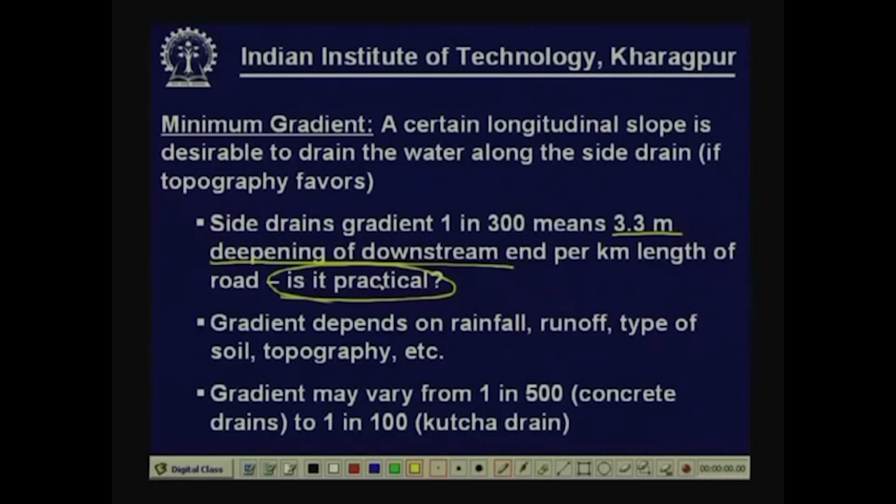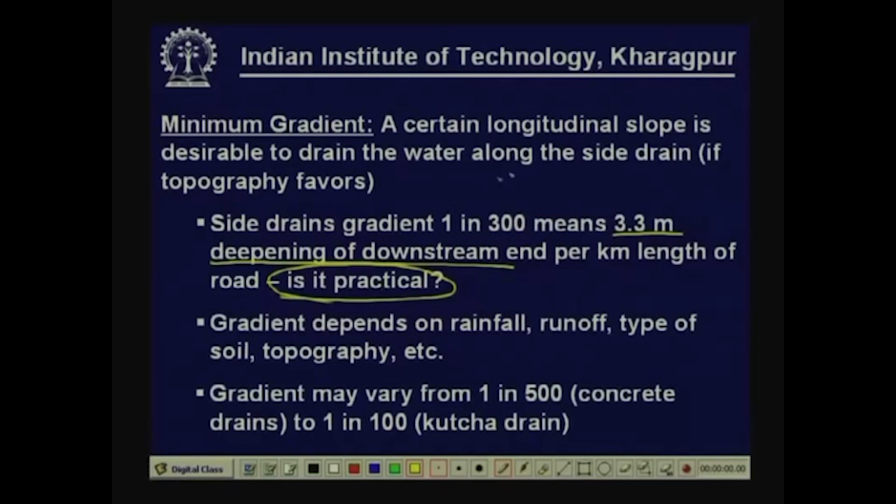So, the idea is if we can provide a natural slope, where the terrain condition permits, if we can provide a mild longitudinal slope, that itself will solve this kind of problem. That means the water in the side drains can flow without any problem.